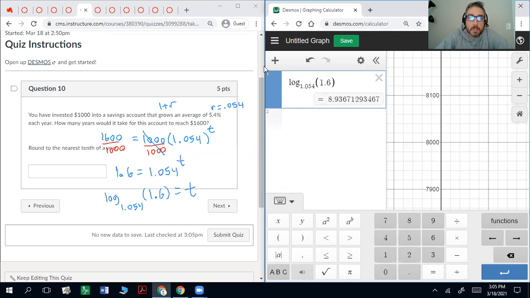So 8.9367, nearest tenth. Again, I'll just say 8.9 is good enough. So it's approximately 8.9, but 8.94 would be better, 8.93 would be better, a little bit more accurate.